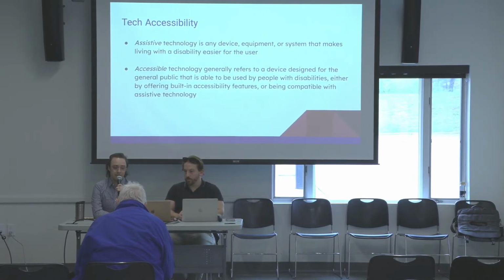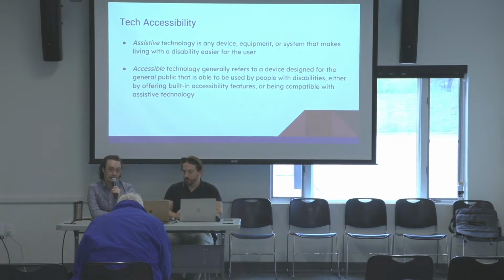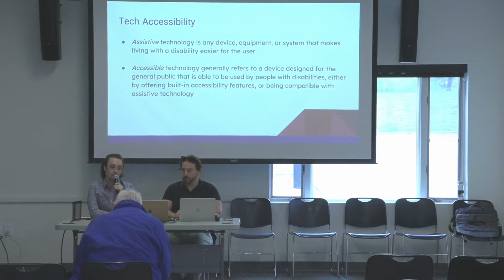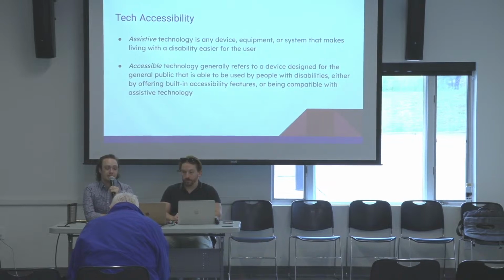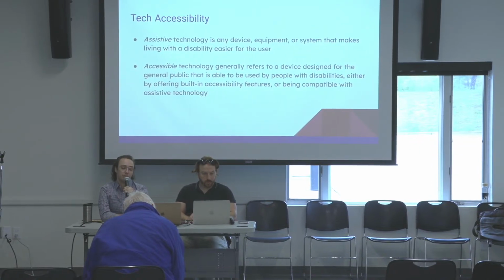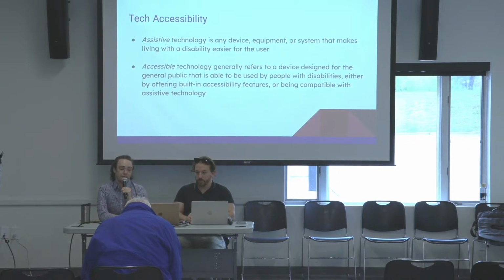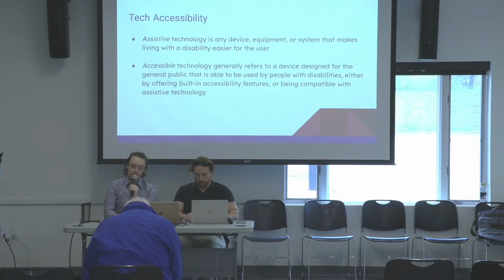And a lot of those have features that are built in or easy to obtain to either make them easy to use or even to use as you move through the real world. So accessible technology, the definition we're using, is a device that's designed for the general public that is able to be used by people with disabilities, either by offering built-in accessibility features or by being compatible with assistive technology.